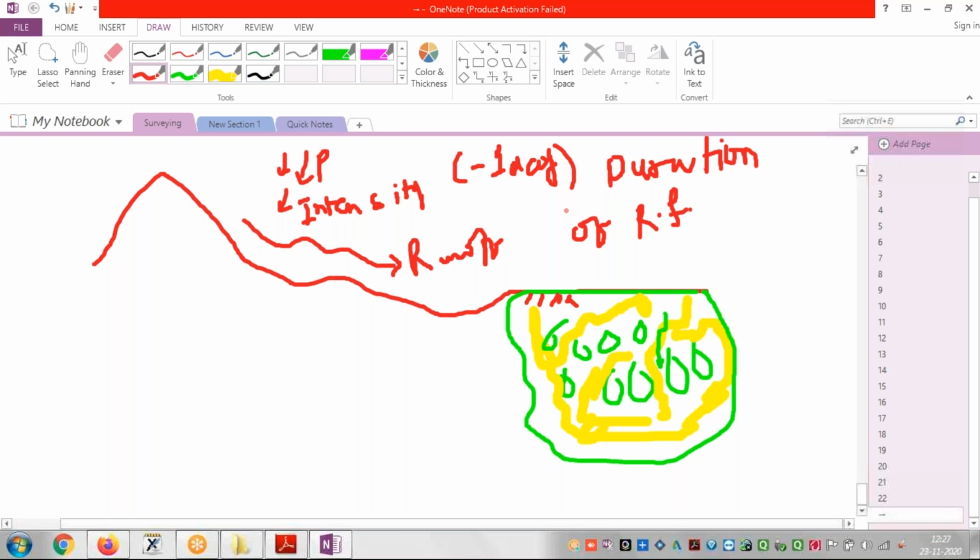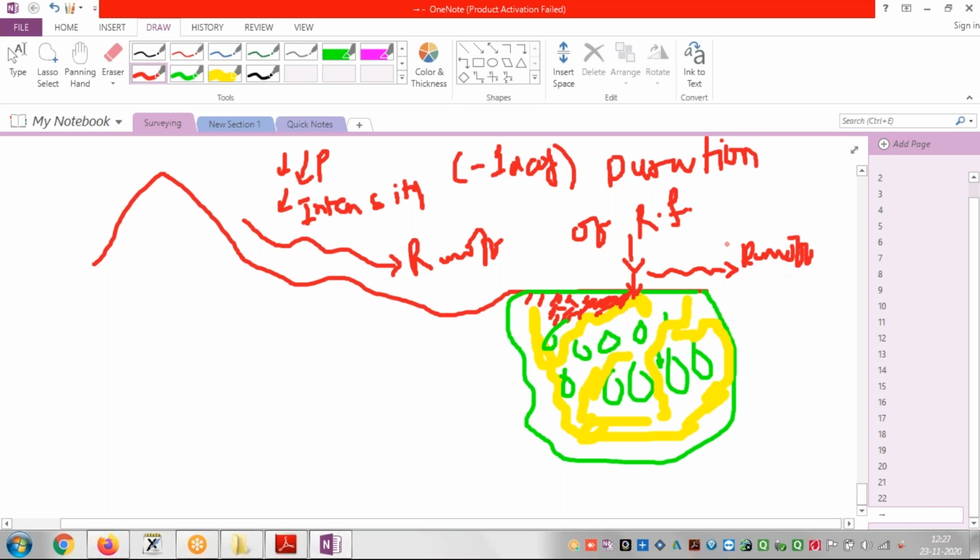So what will happen when rainfall occurs? Whatever water infiltration is there, this infiltration will be very small, right? And after some time, runoff will occur.